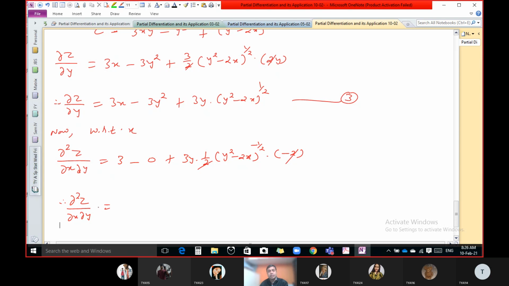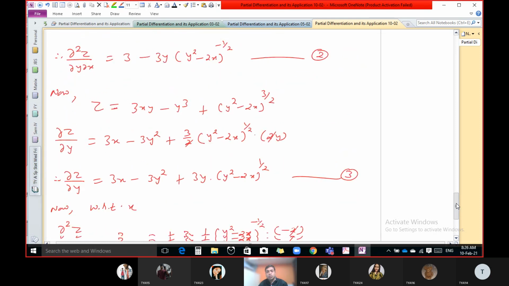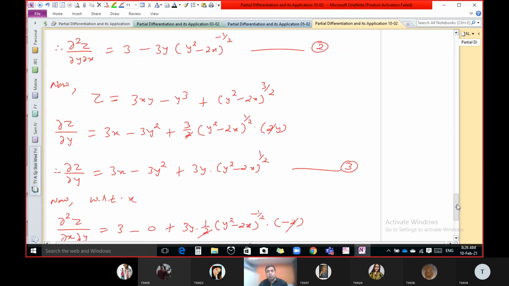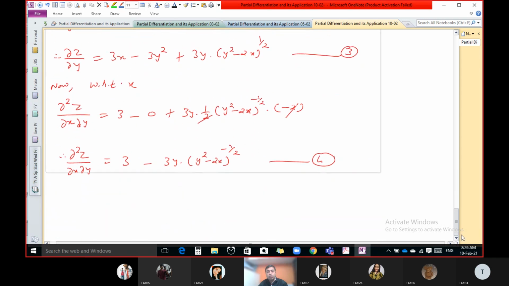Delta square z upon delta x delta y. Simplify and tell me the answer. 3, minus 3y into bracket y square minus 2x raised to minus 1 by 2. Correct. Now see equation 2 and equation 4.